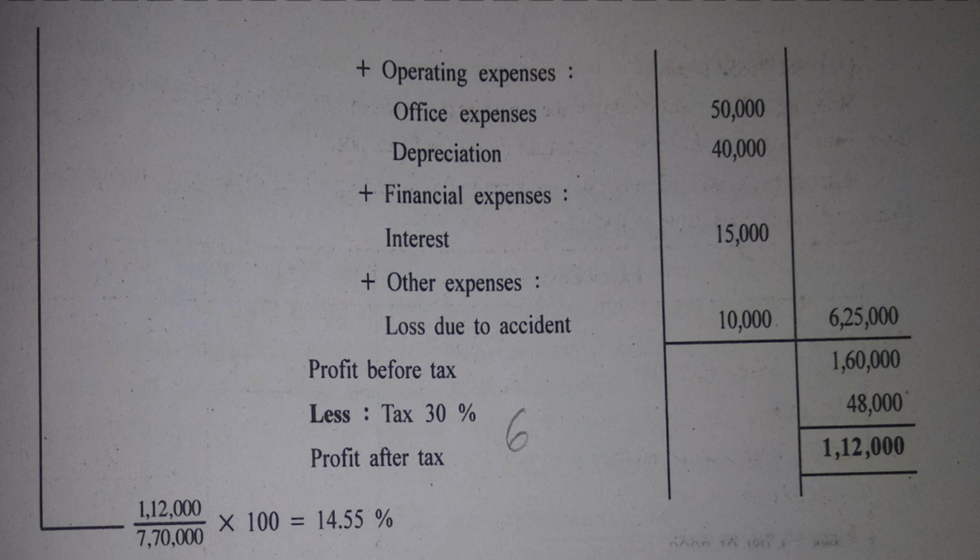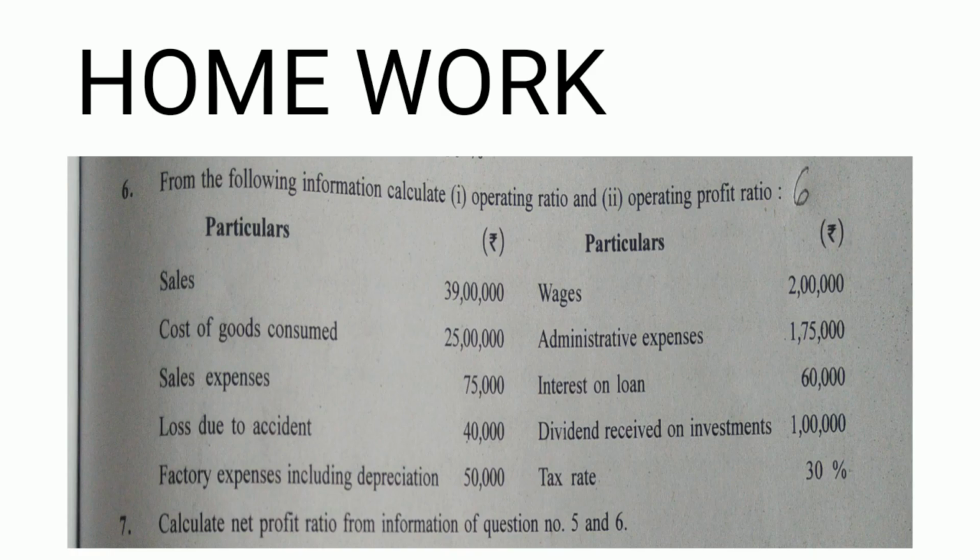So we are done with the illustration related to net profit ratio. There is only one illustration related to this ratio, which is illustration 10, the one that we have solved in today's lecture. A similar sum is in the exercise, question 7, which says, from the information of questions 5 and 6 you are supposed to calculate net profit ratio.